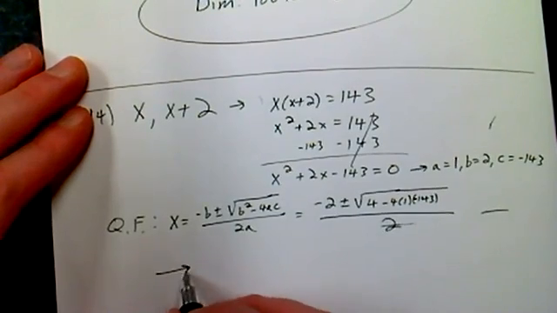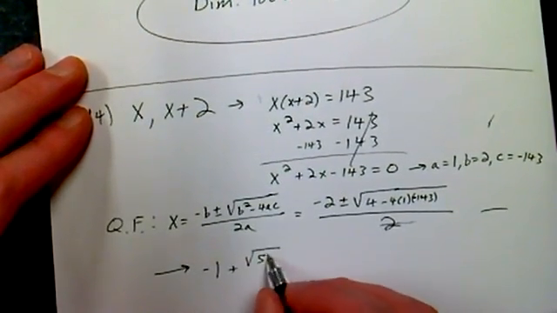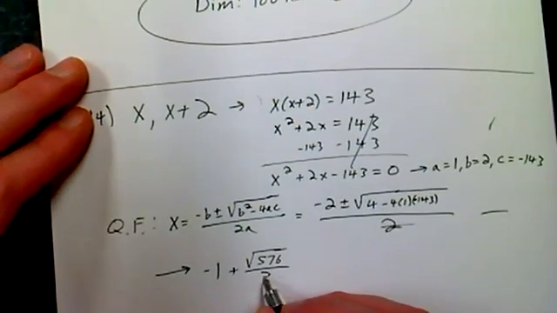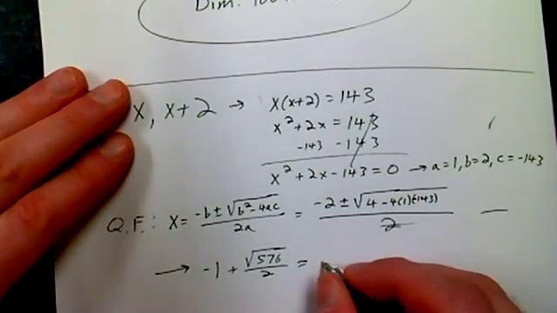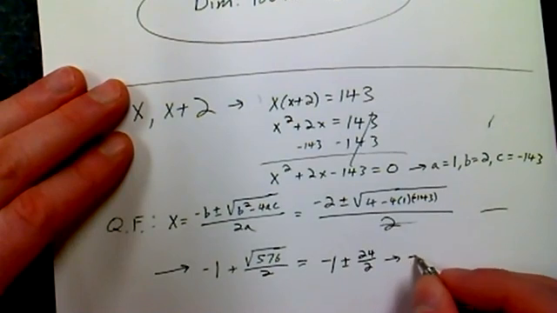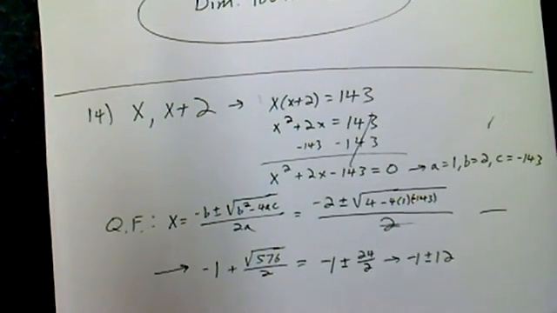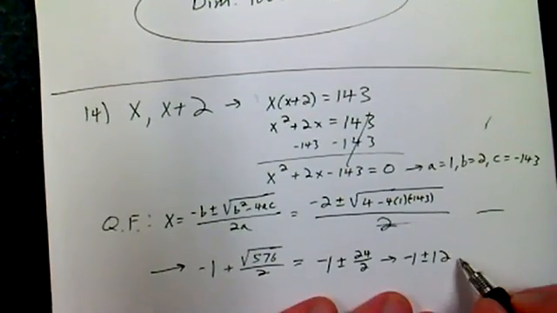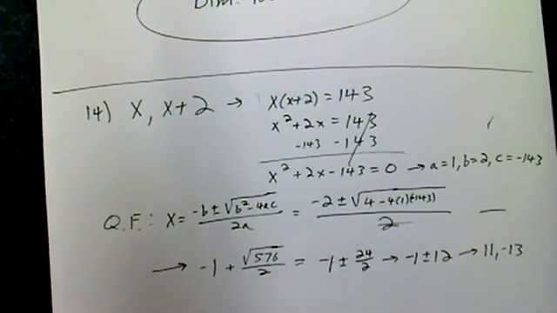If we simplify down a little bit, I'm getting negative 1 plus or minus root 576 all over 2. And that's going to end up being negative 1 plus or minus 24 over 2, or negative 1 plus or minus 12. So it looks like x could either be 11 or negative 13.